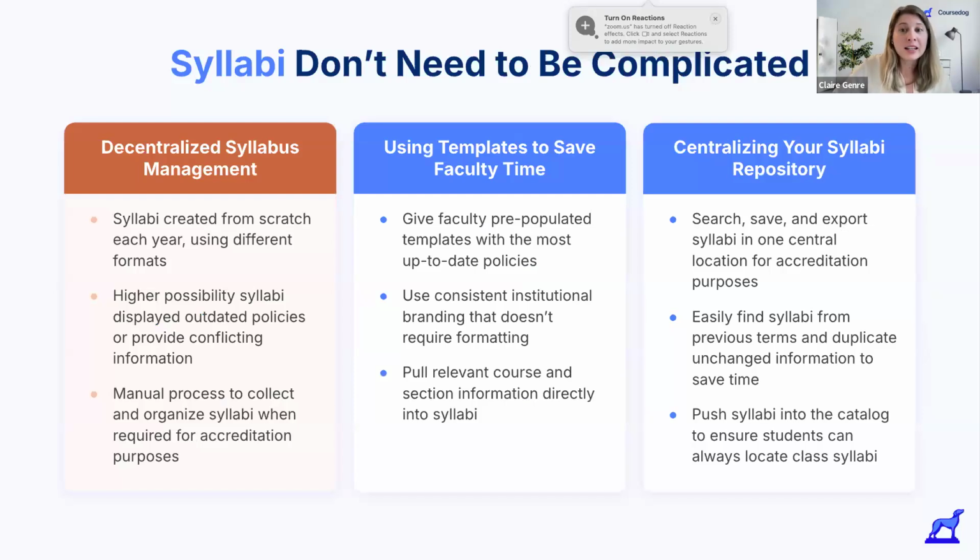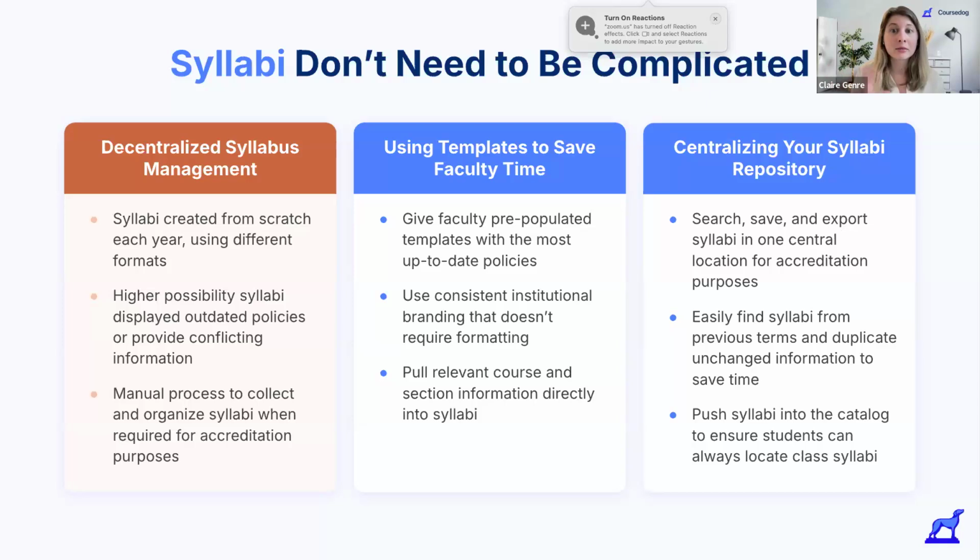Similarly, we've seen that the syllabus process has historically been both manual and error-prone. Traditionally, what we see at most institutions is that each faculty member tends to create their own syllabus, really on their own terms and really independently from any other faculty and any kind of oversight from the institution.